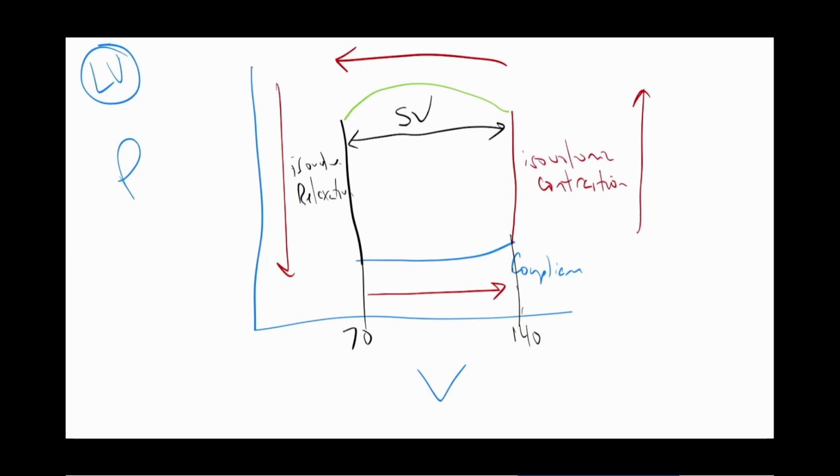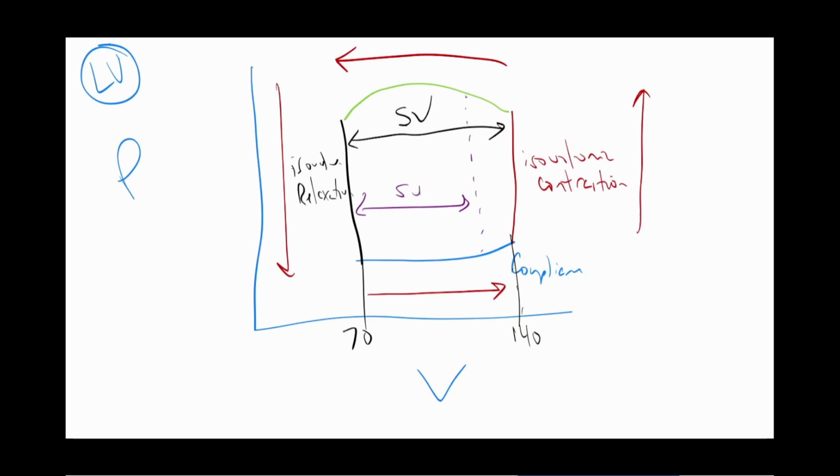If I take this graph and I make it narrow, so now we change the line to make this line there. What happened to your stroke volume? Decreased.